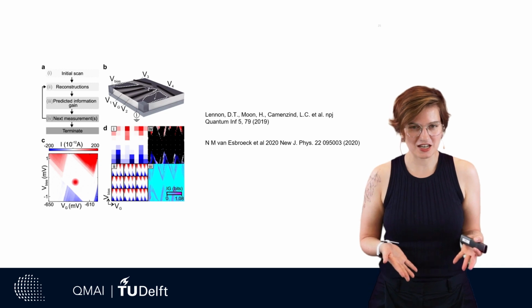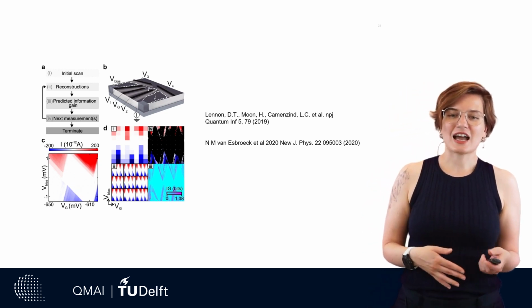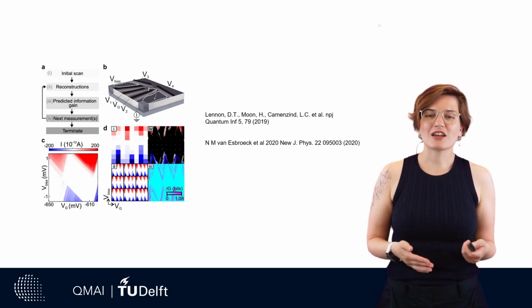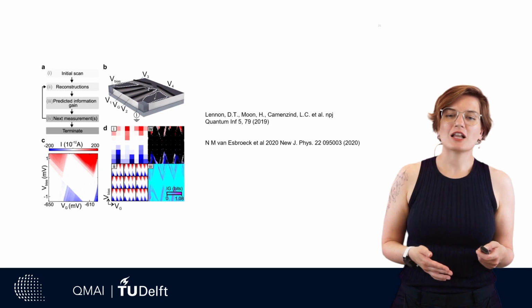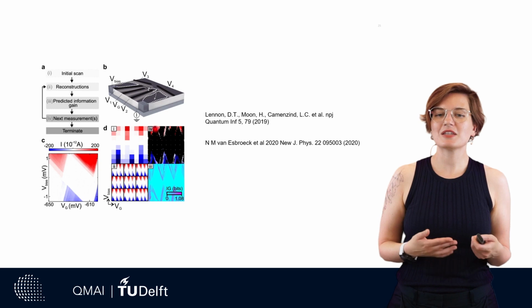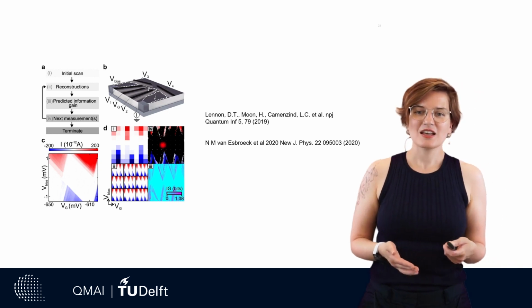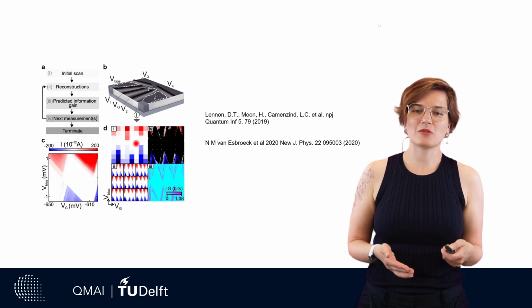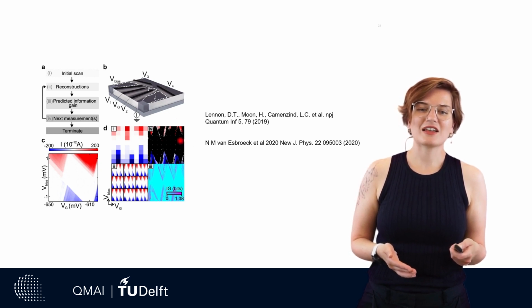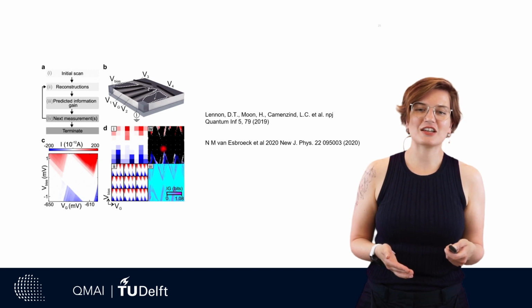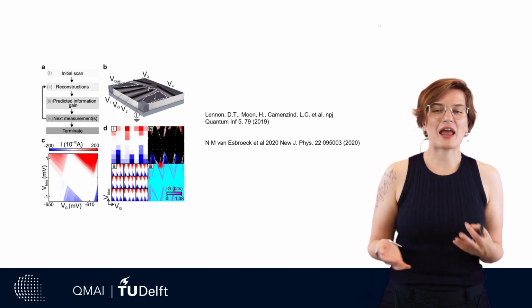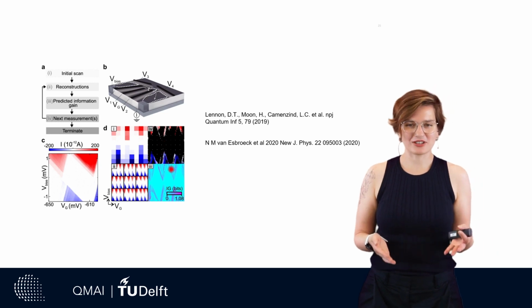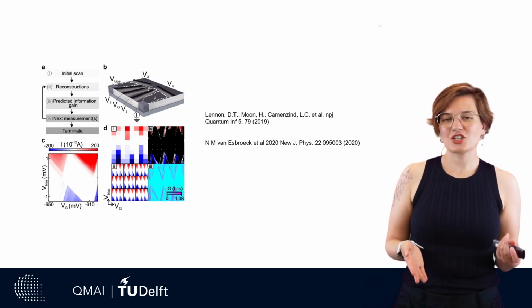So what they did in Natalia Ares' group was to train a variational autoencoder to help them give a score to each measurement point, to help them decide where to measure next. Then you get images like this, where a lot of points in the middle are unmeasured, but you get the really relevant transitions, the really relevant information about where your actual Coulomb diamonds are, which is pretty cool.